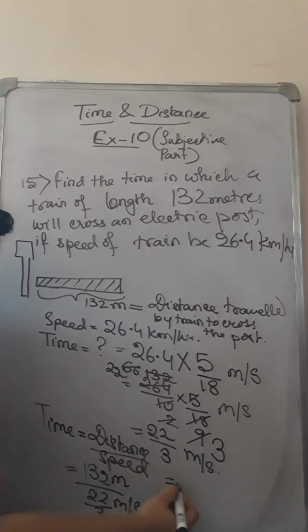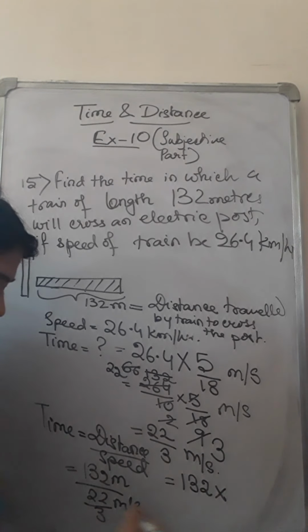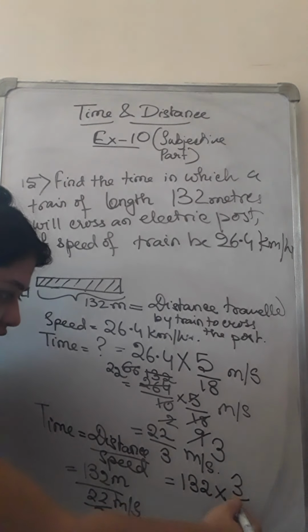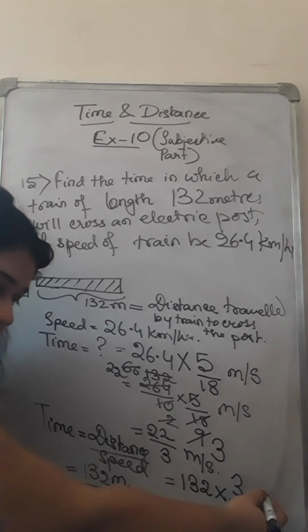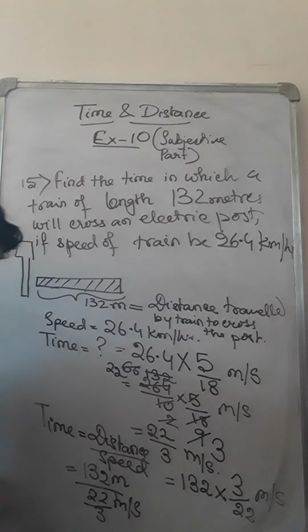Now how to solve it? 132, this division, change it to multiplication, then the number in the denominator will change to its reciprocal, 3 by 22 meters per second. Now with 2 I can cancel, 2 11s are 22, 2 6s are 12.